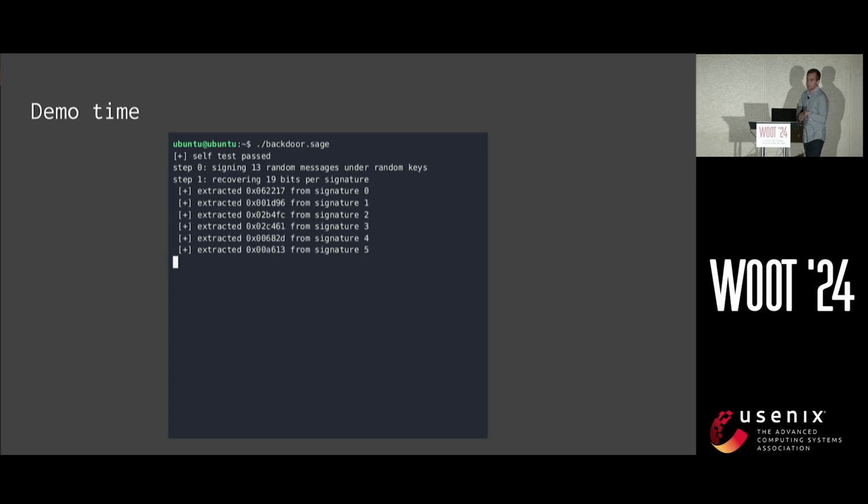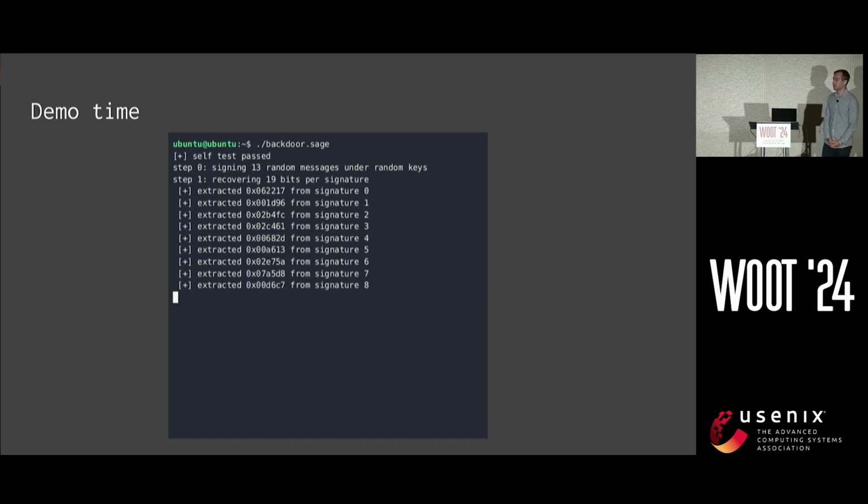You can solve the linear equation, and then the seed pops up. We also implemented this on Bitcoin testnet, so that you can recover those signatures from another place, from a publicly available source, and just execute this attack.